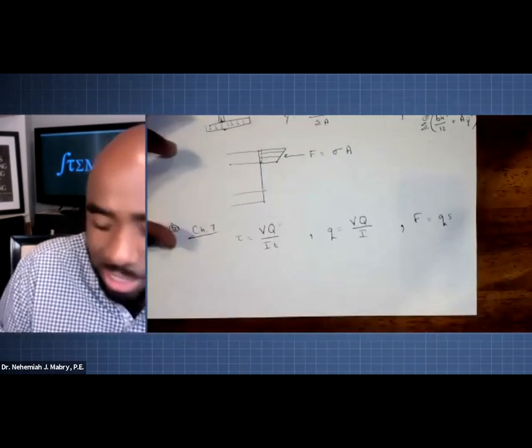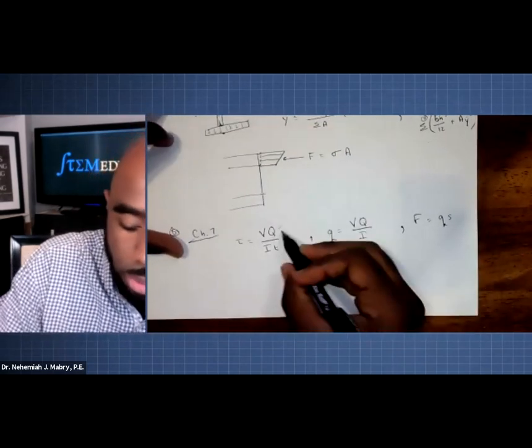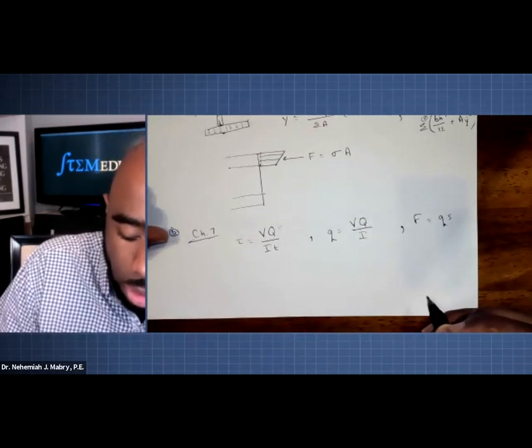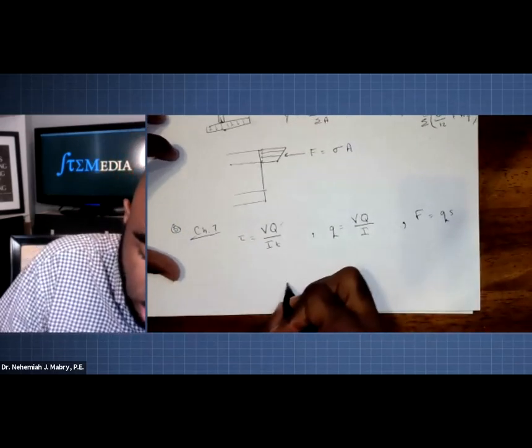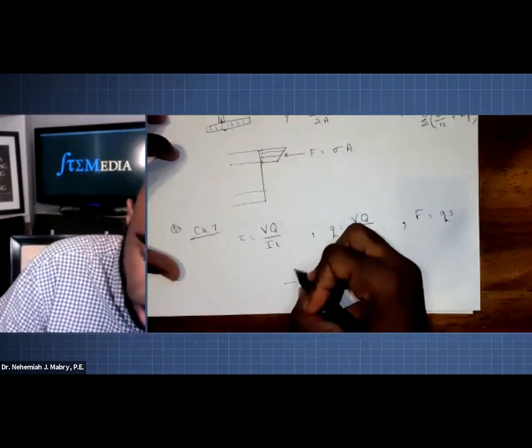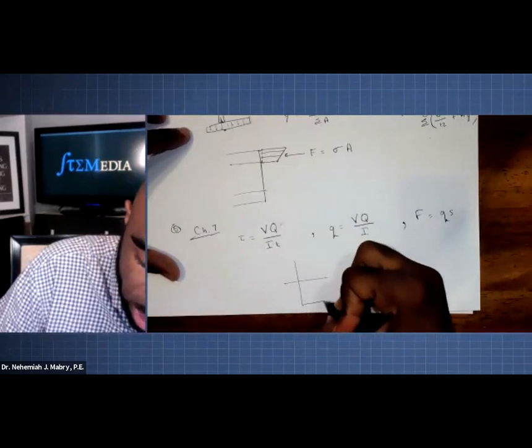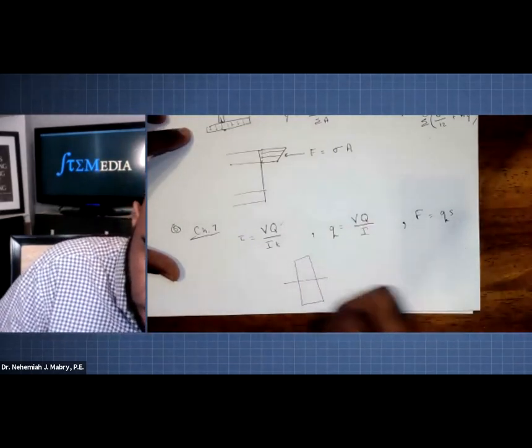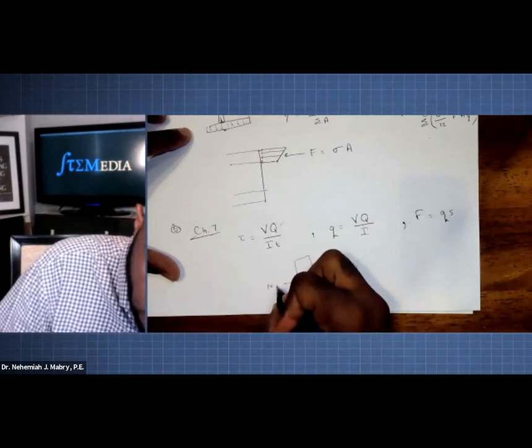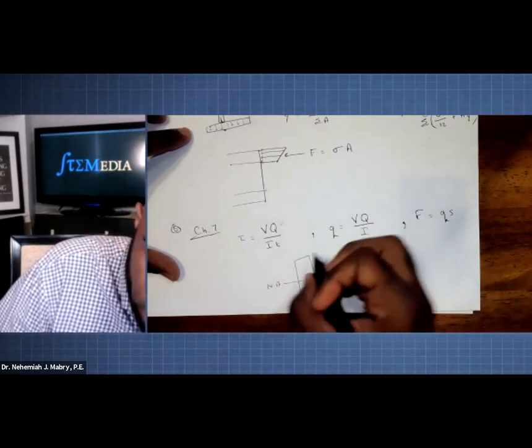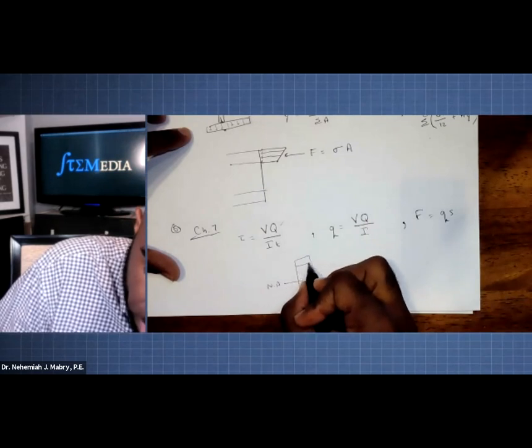So no one has asked this, but I'm going to go ahead and explain this when it comes to Q, because sometimes you are going to be using the entire area. Let me just use something very simple, right? A rectangular I-beam. This is NA. And let's just say this rectangular I-beam has some fasteners right here.